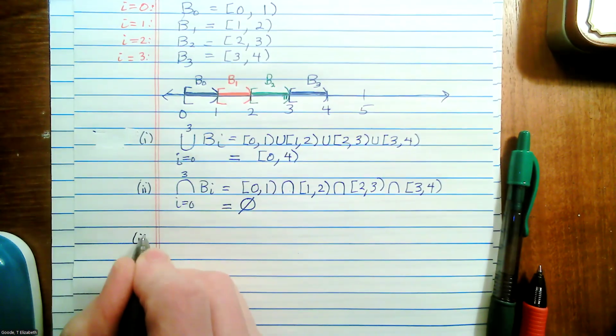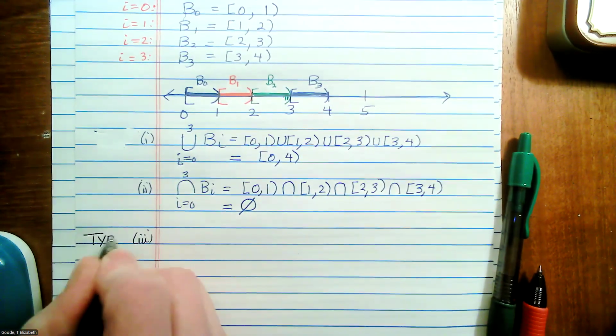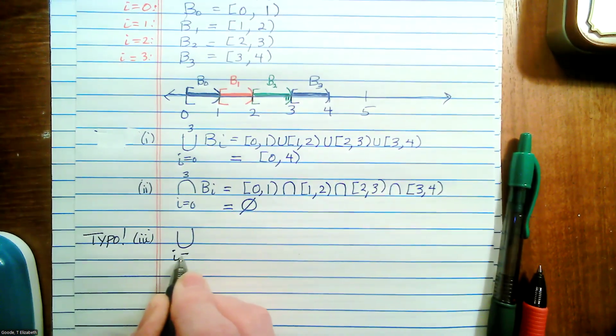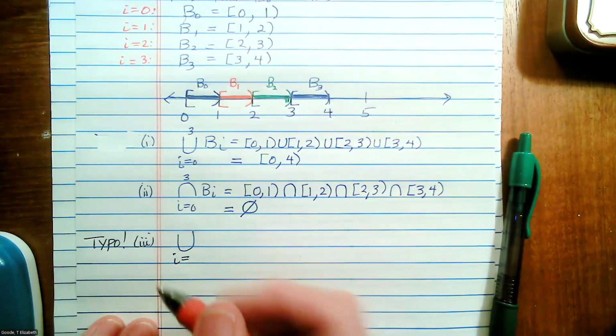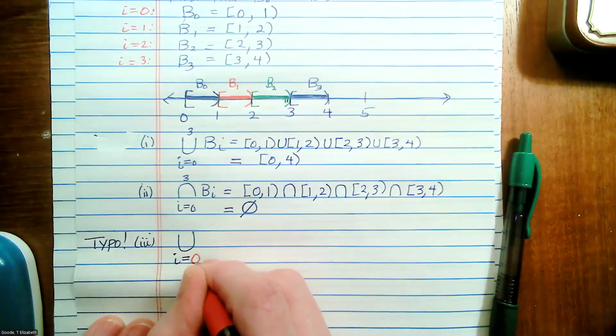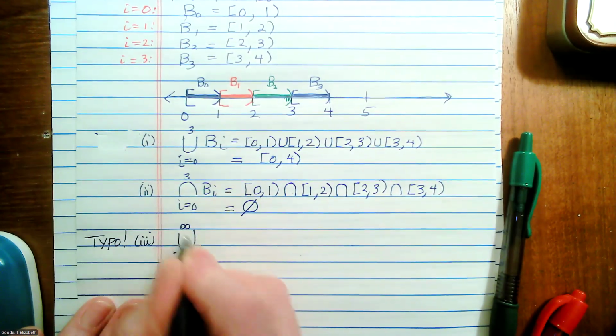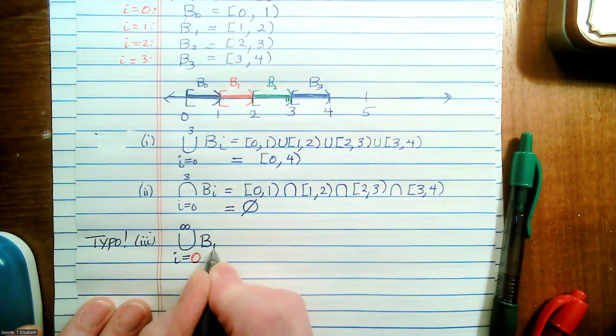All right, now listen, here's the typo. I meant to say the union from i equals 0, but I wrote 1. I don't care whether you keep it at 1 or you change it to what I meant, 0. But the point is, let's just play this game out to infinity.